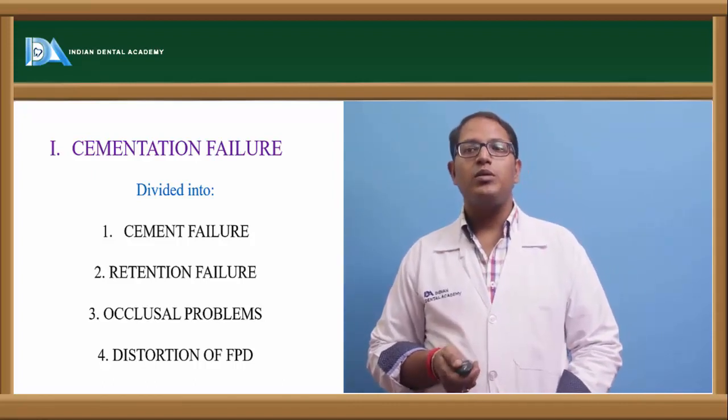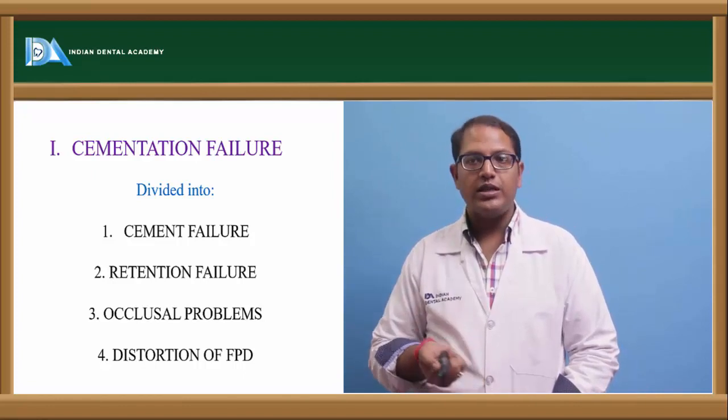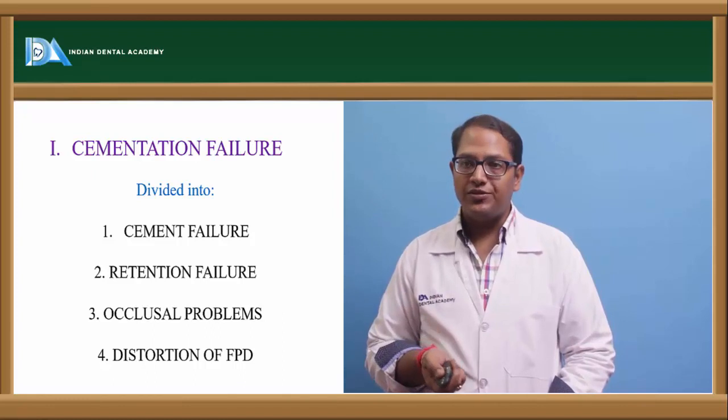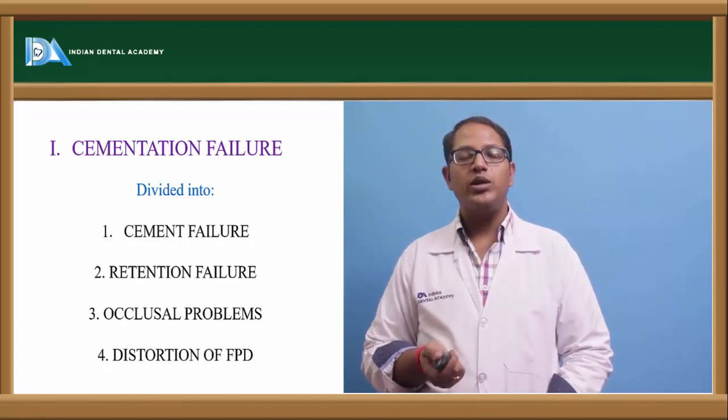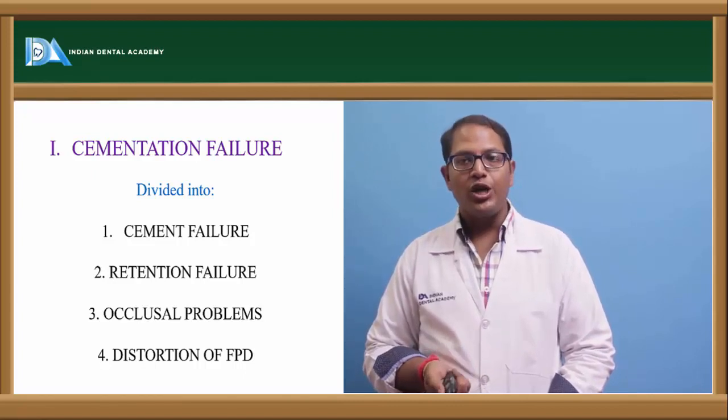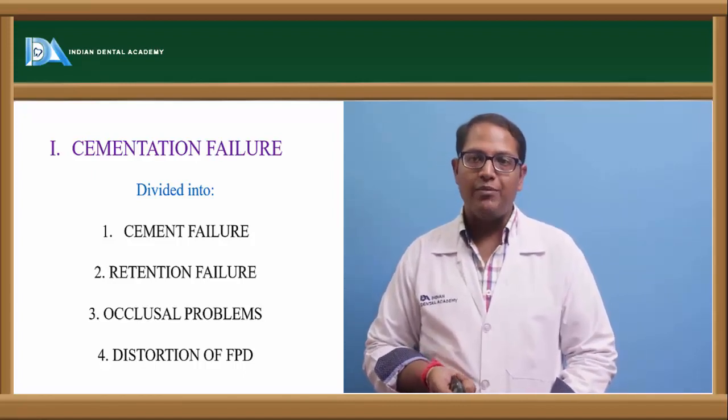Occlusal problems can be immediate or delayed. Immediate problems include occlusal interferences, marginal ridges at different levels, supra-eruption of an opposing tooth, or parafunctional habits.